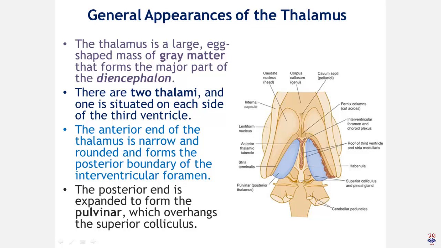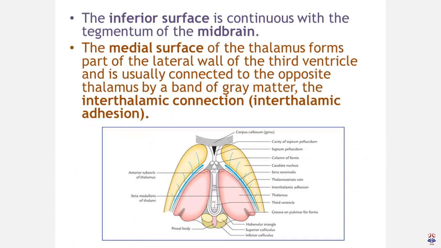The posterior end of the thalamus is expanded and is called the pulvinar, which overhangs the superior colliculus. This is the superior colliculus. The inferior surface is continuous with the tegmentum of the midbrain.